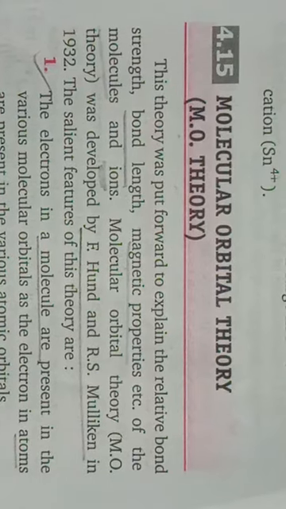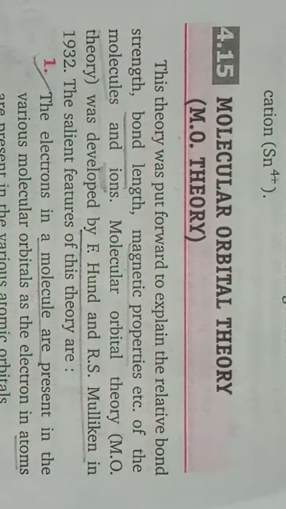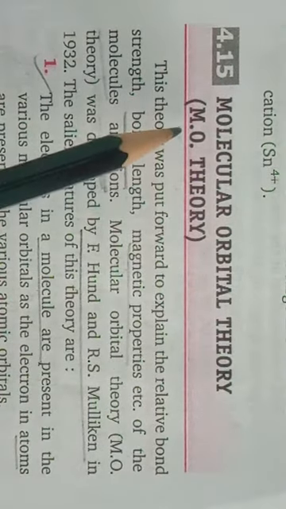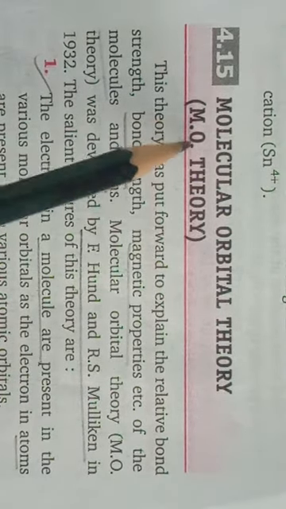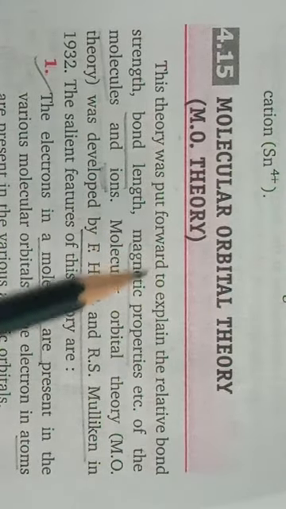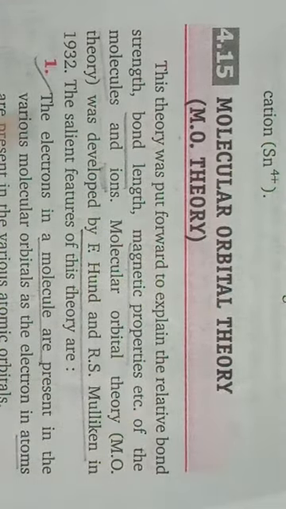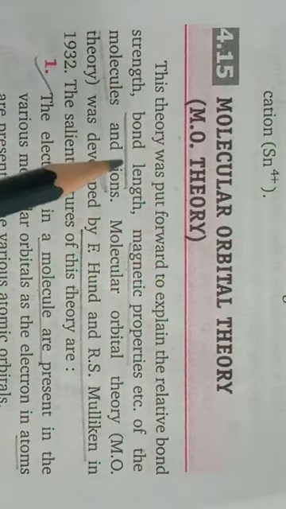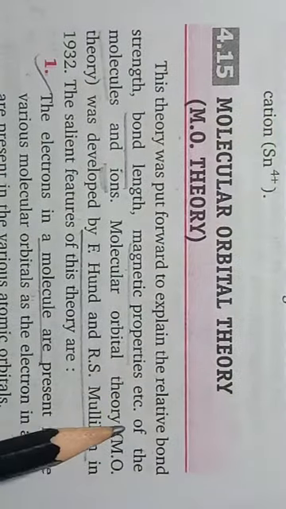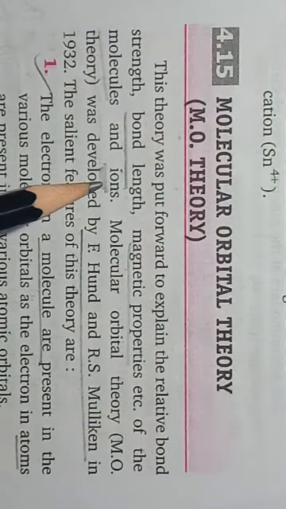Hello children, in this lecture we will discuss molecular orbital theory, and the short form of this theory is MO theory. So this theory was put forward to explain the relative bond strength, bond length, magnetic properties, etc. of the molecules and ions.